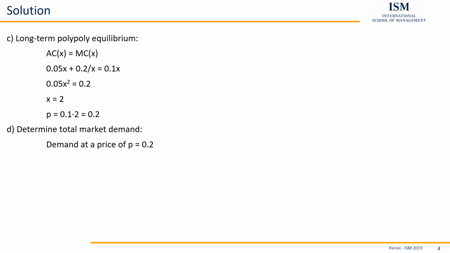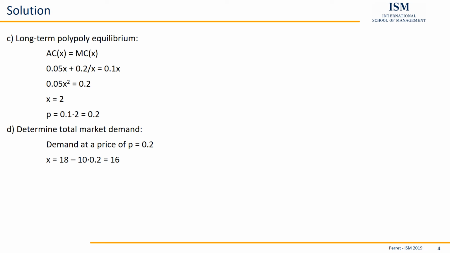Then we have x being equal to 18 minus 10 times 0.2. So we get here a total market demand of 16.